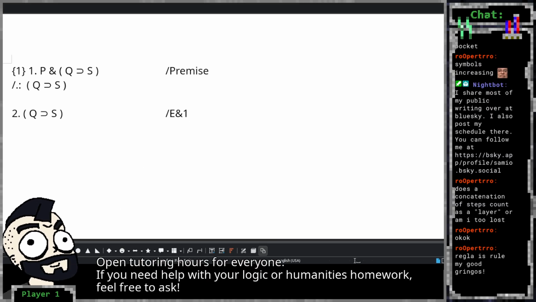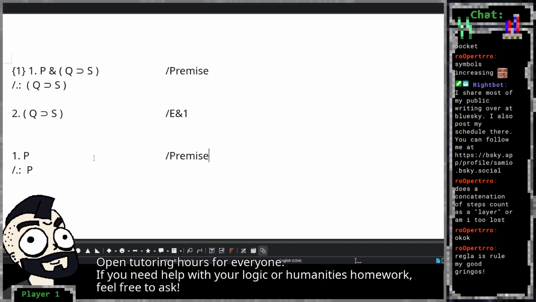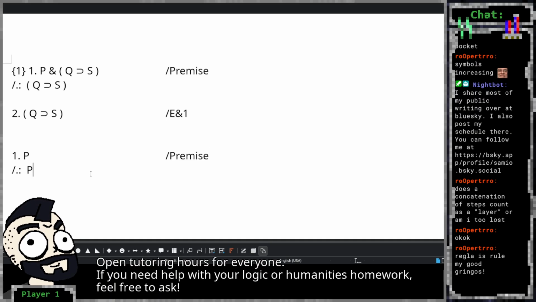In fact, one of the more asshole-ish exercises I gave to my students was the following proof, the trivial proof. From the premise P, conclude P. Okay, done.